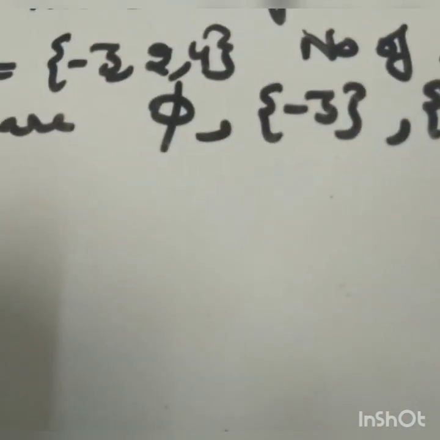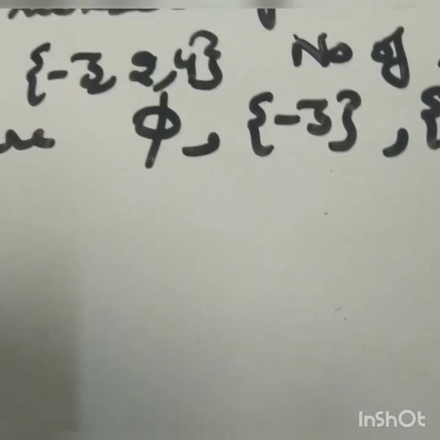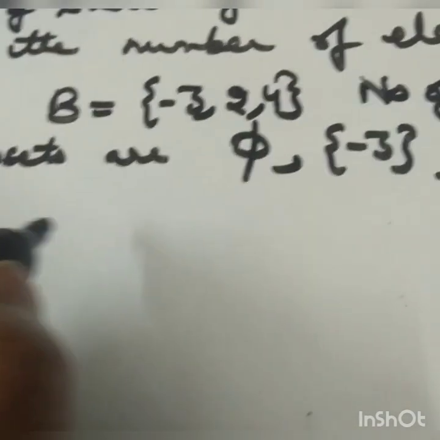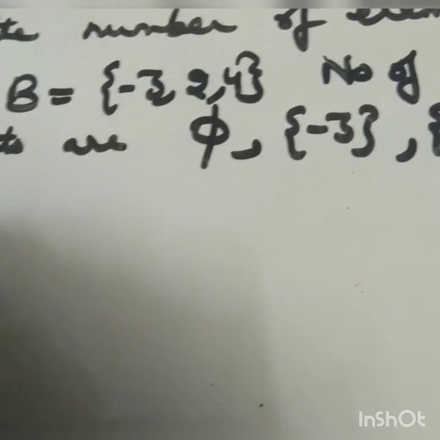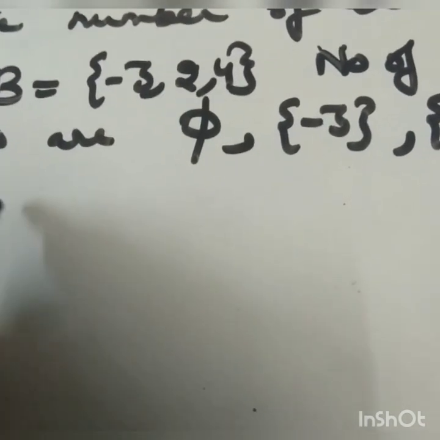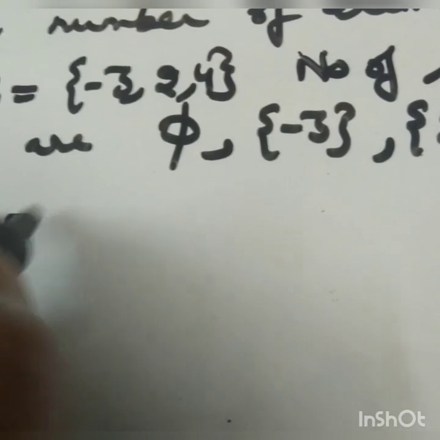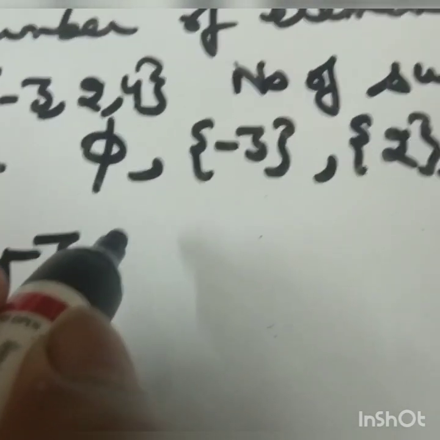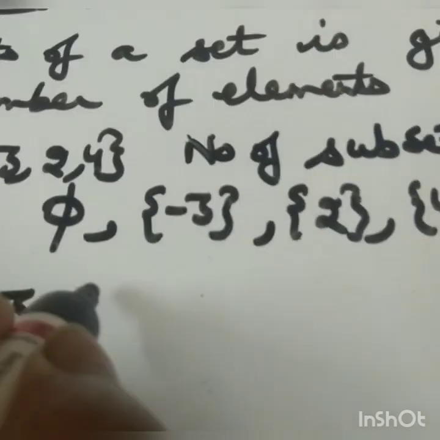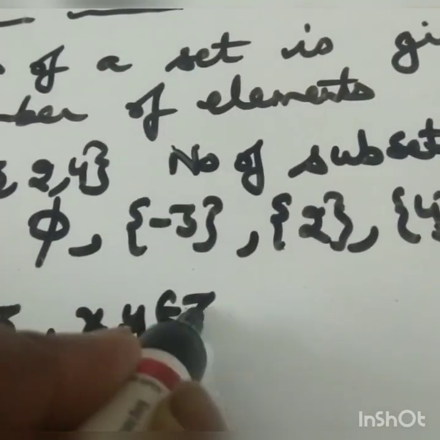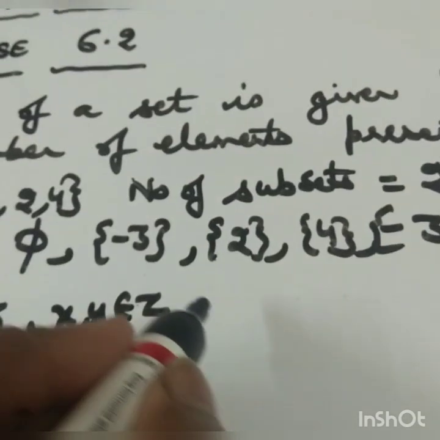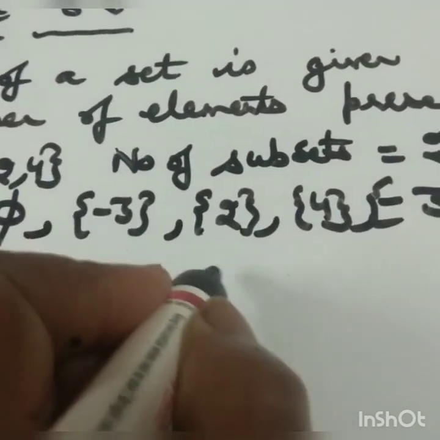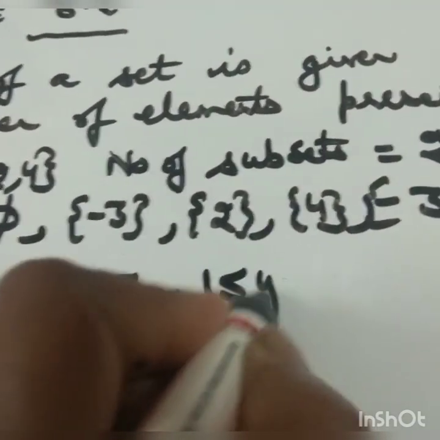Now I am doing question number 6C. What you have to do is X such that X equals 2y minus 3. This is already given. Now a few more things to be noted: x, y belong to Z, and 1 is less than or equal to y less than 5.